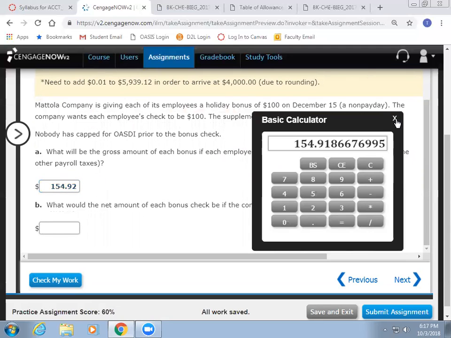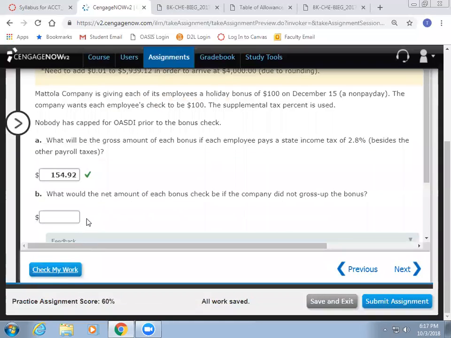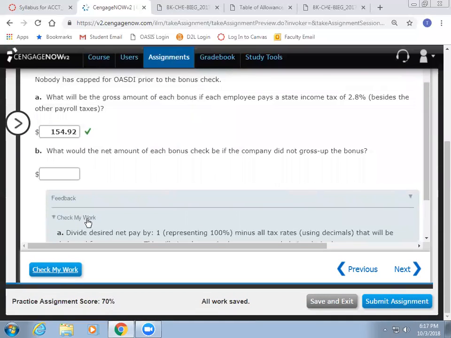So, $154.92. Okay, so that was what we just did.